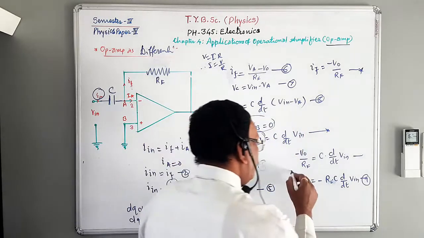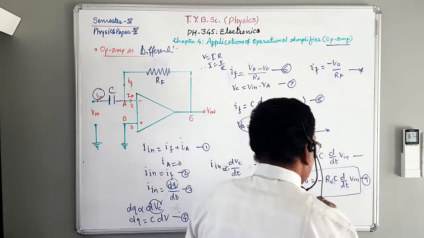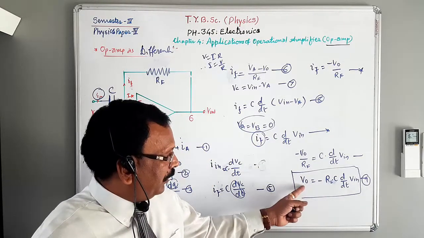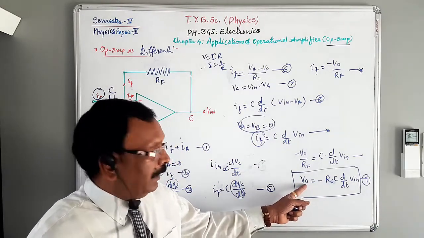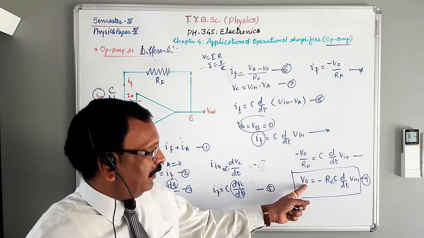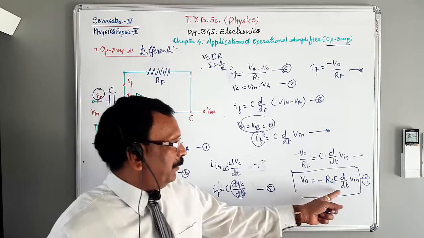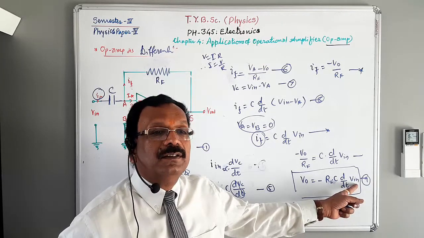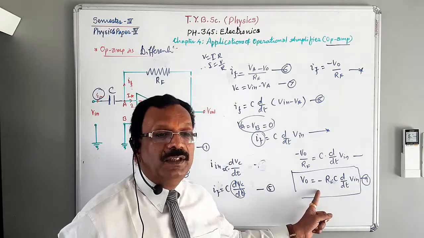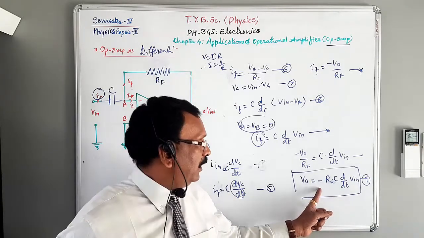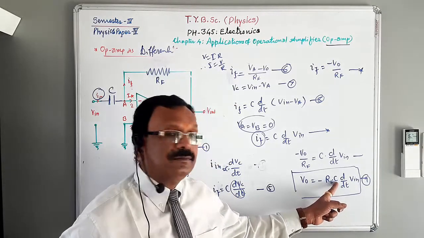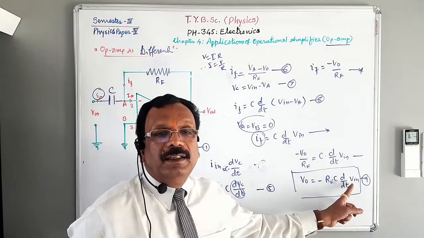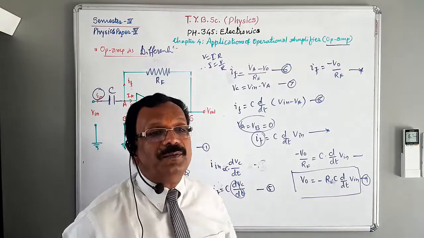This is a very important equation, which shows that the output of the differentiator is the differential of the input voltage. Output voltage V_0 is equal to R_F C times the negative instantaneous rate of change of voltage.